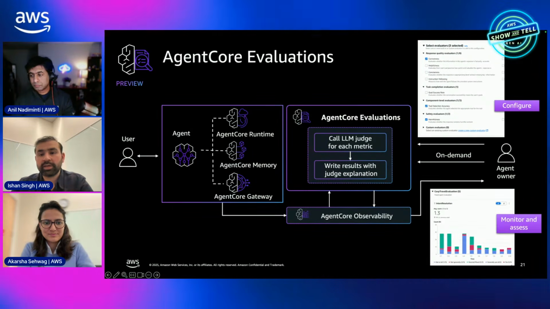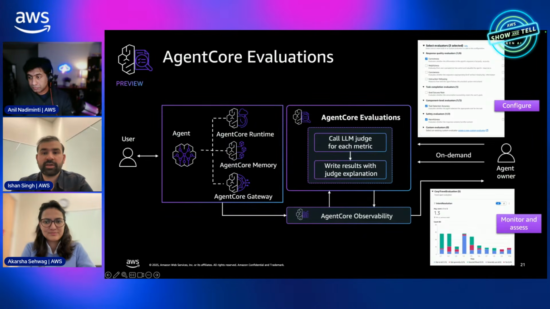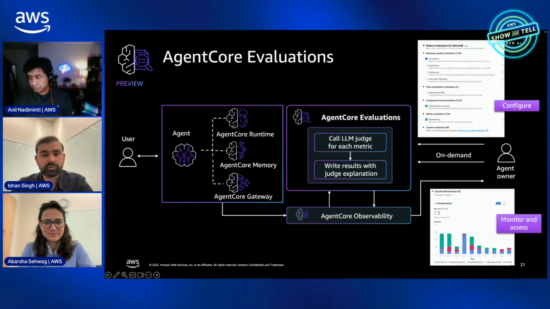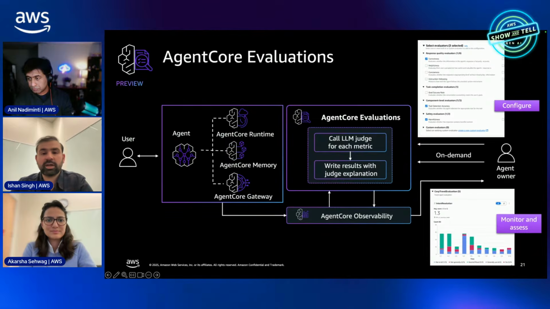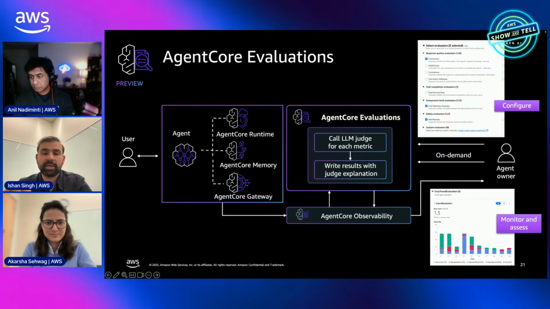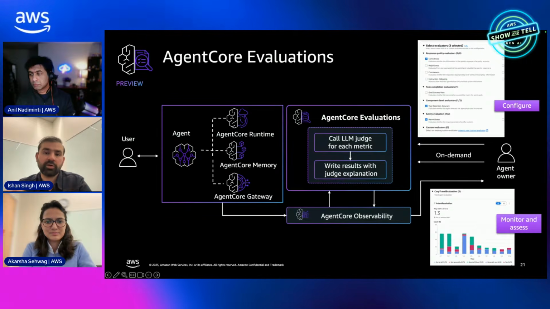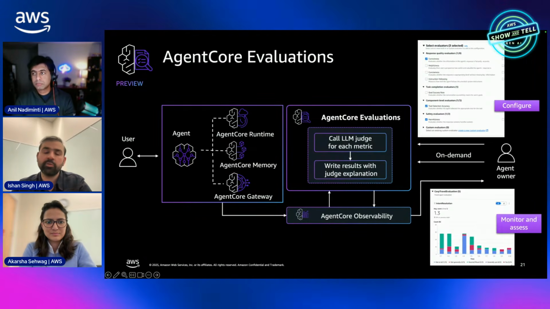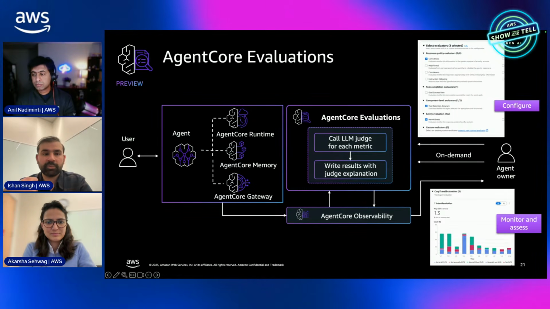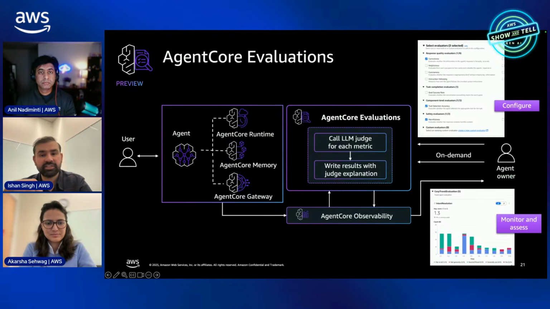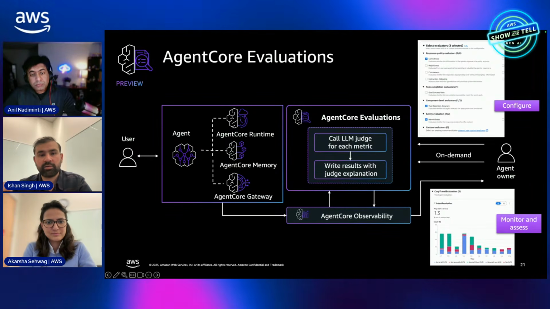But if you're looking at the online version of it, where you have deployed an agent and your users are interacting with it, your agent is logging all your traces to AgentCore observability, and then the service, depending on the configuration you have specified, which is the next slide and exactly the demo where I show you how to define that configuration, does the rest. Based on your configuration, the service AgentCore evaluation automatically fetches the trace on your behalf, applies evaluation on top of it, and puts it into a dashboard.